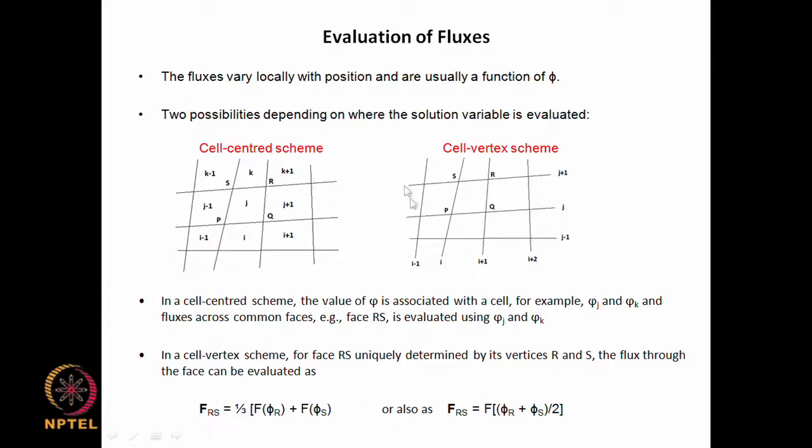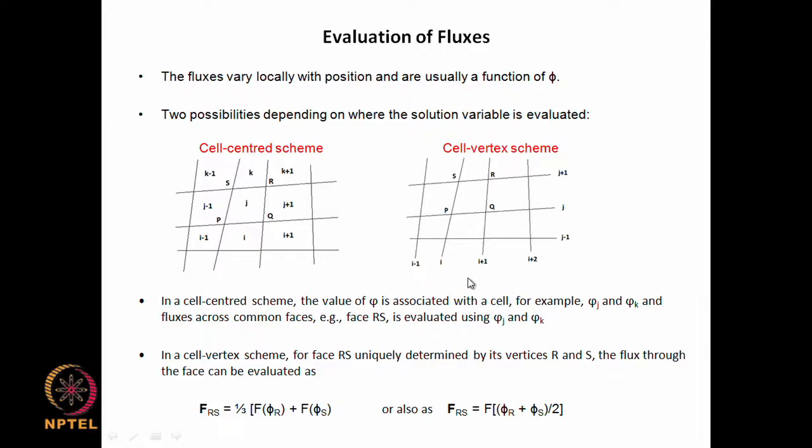The point that we are making is that flux depends on the value of phi, and in a computational domain phi will vary spatially. That means phi for this cell is different from phi for this cell, and phi from this vertex is different from phi from this vertex.